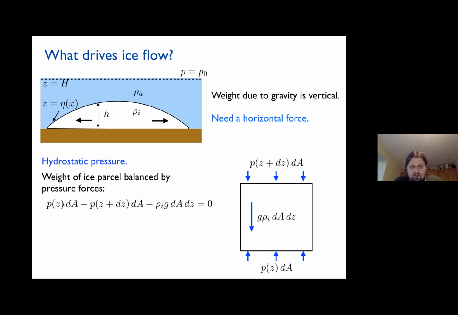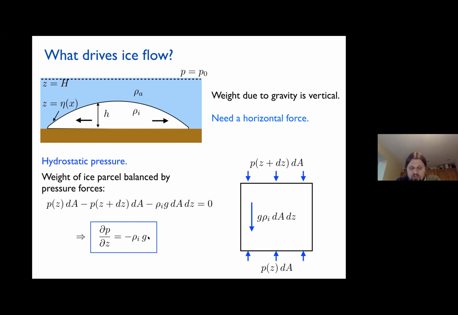So the pressure at the bottom, the pressure at the top, both multiplied by area, and then you've got the weight of this cube of fluid. And if you do the same little trick that you did before, where you've got a difference in pressure over a small distance, if you divide by dz, you can approximate this by a partial derivative, so a gradient in the z direction, and you get that the gradient in the pressure is balanced basically by the weight of the fluid per unit volume.